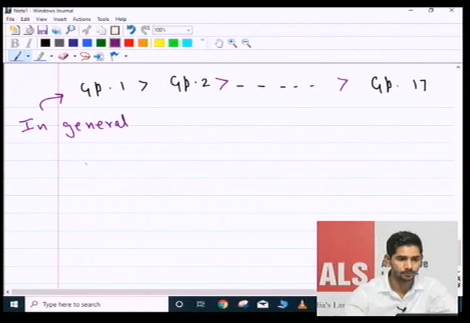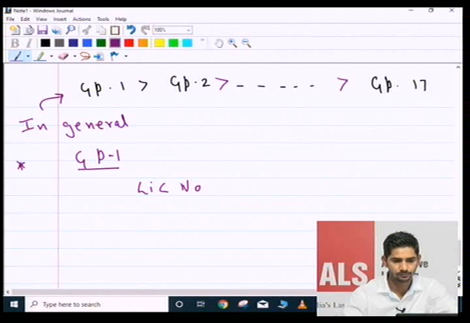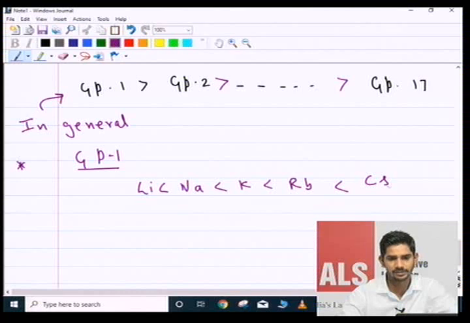Now, if I talk about group 1 elements, if I arrange them in the order of increasing size, we will say lithium, sodium, potassium, rubidium, cesium.